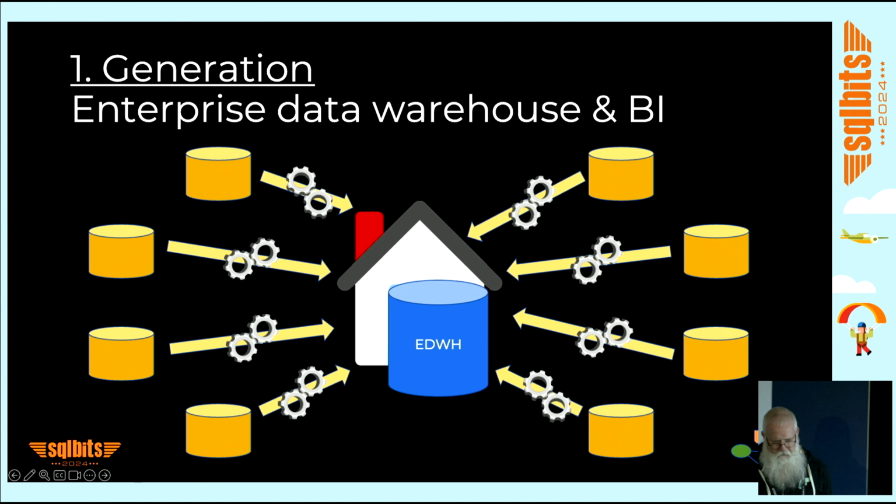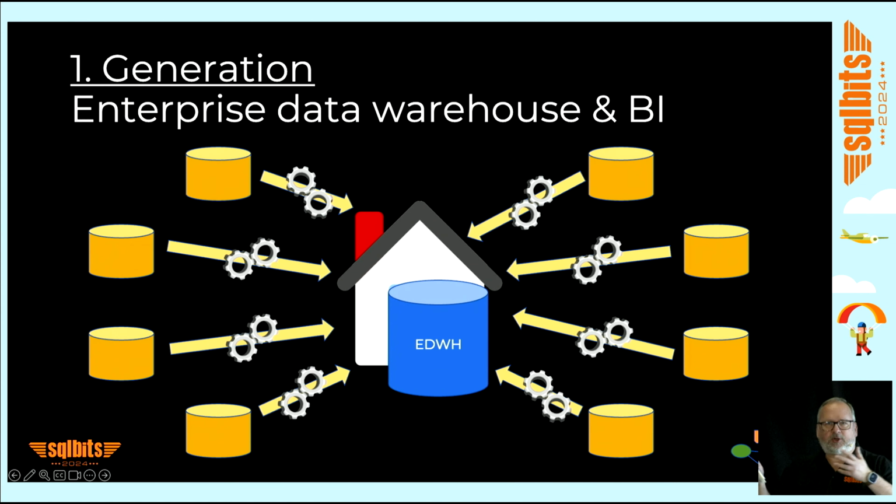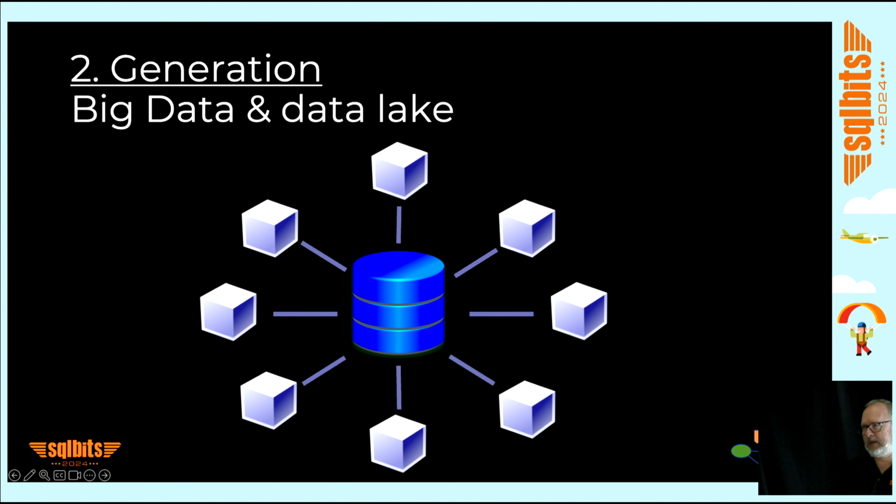So, okay, how do you solve this? How do you get away from all these jobs that you need to maintain? Well, the big solution, that solves all problems, at least that's what we believed at the time, is we move everything into the big data system, or the data lakes. Then you don't have to maintain those jobs any longer, right?